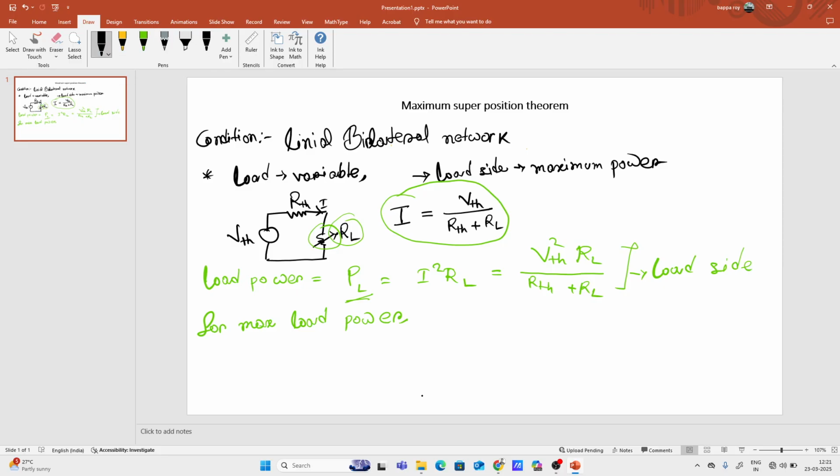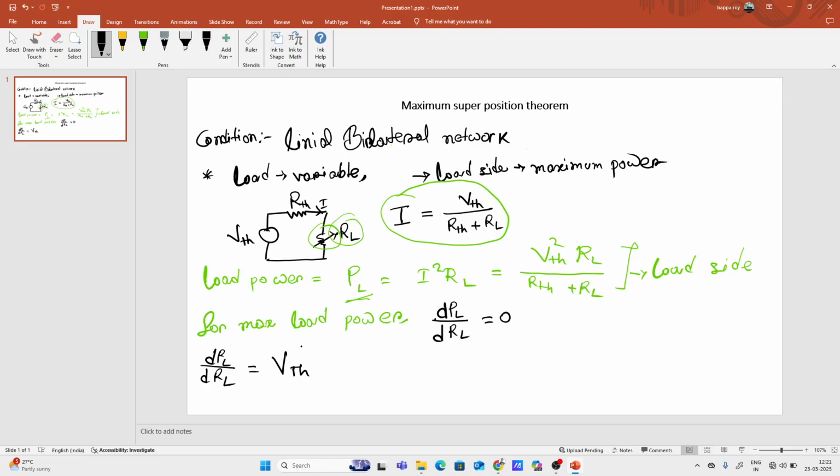Let's define dPL by dRL, and this will be 0. So we'll do the derivative of dPL by dRL. Let's go, you can skip some steps.